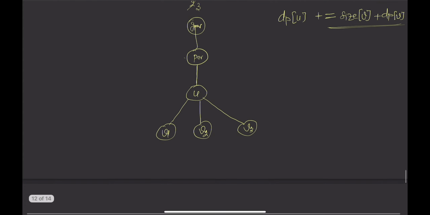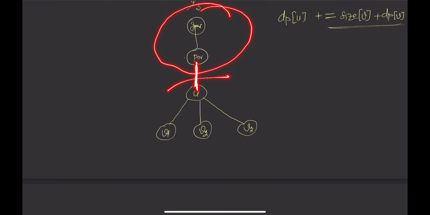Okay, dp of u is fine, but dp of u is giving me this sum in the subtree of u, which is the value we want to find. But what about the upper part? The parent will have only one parent, fine, but the parent can have many siblings also, right?